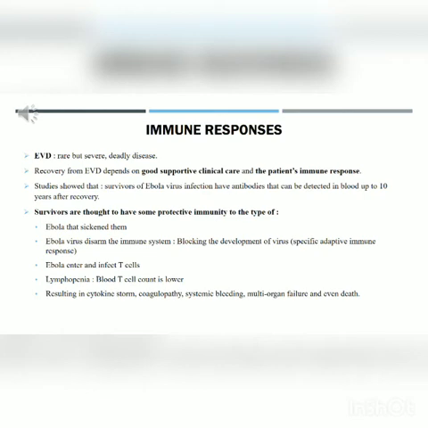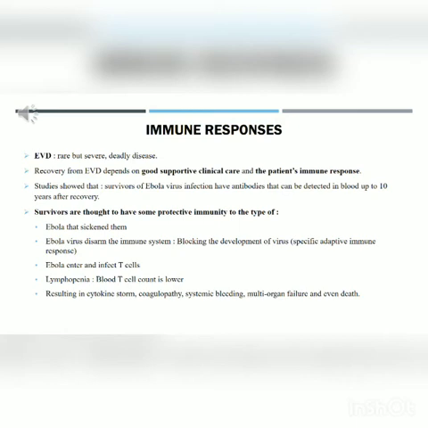Several studies show that survivors of Ebola virus infection have antibodies that can be detected in the blood up to 10 years after recovery. These survivors are thought to have some protective immunity, where they are able to maintain the T cell count.